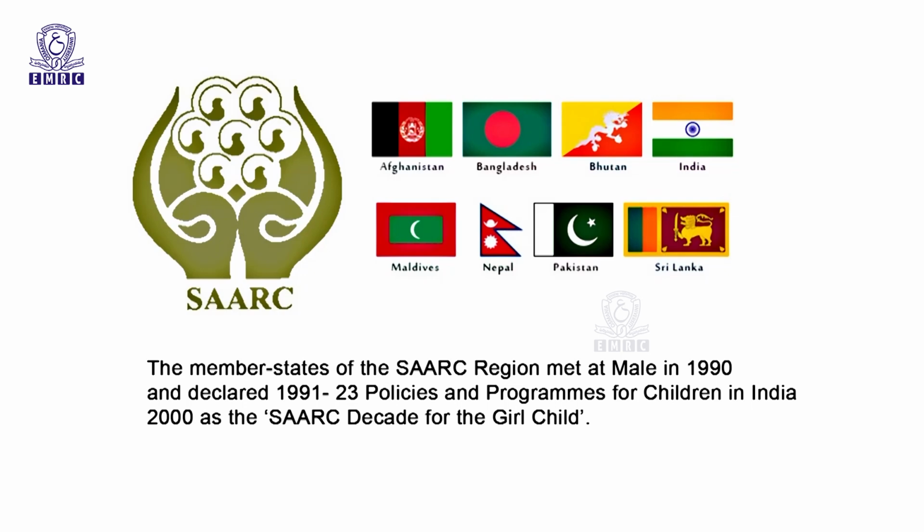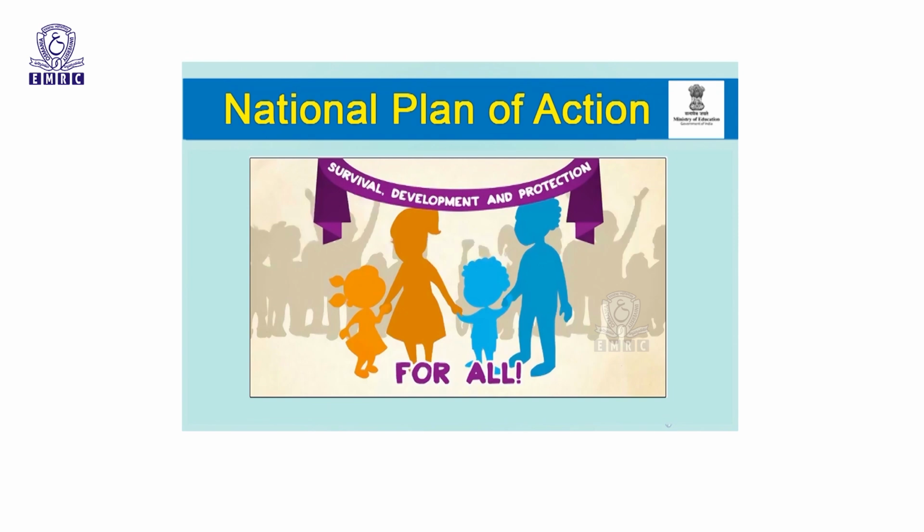Now, the National Plan for the SAARC Decade of the Girl Child 1991-2000. The member states of the SAARC region met at Male in 1990 and declared 1991 to 2000 as the SAARC Decade for the Girl Child. In response, the Government of India launched a National Plan of Action with a central theme, that is survival, protection and development.